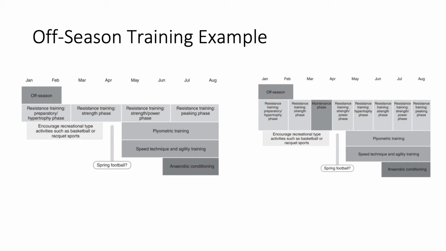You can see on the left that this athlete does not have an interruption of spring football, so the hypertrophy and strength phases do not have to be shortened. But as you see on the right side, this is accounting for that interruption of spring football, and due to this, the athlete's hypertrophy and strength phases are shortened, and then a maintenance phase is included right before spring football so that the athlete can perform optimally during that time.